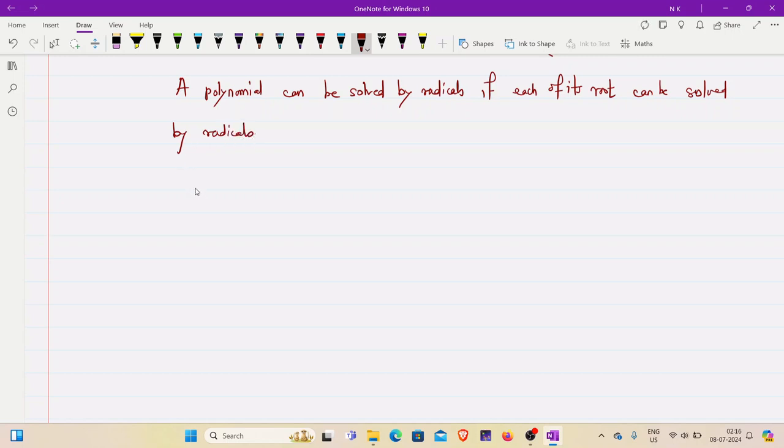Okay, so here we'll provide an instance so that you can easily capture the idea.